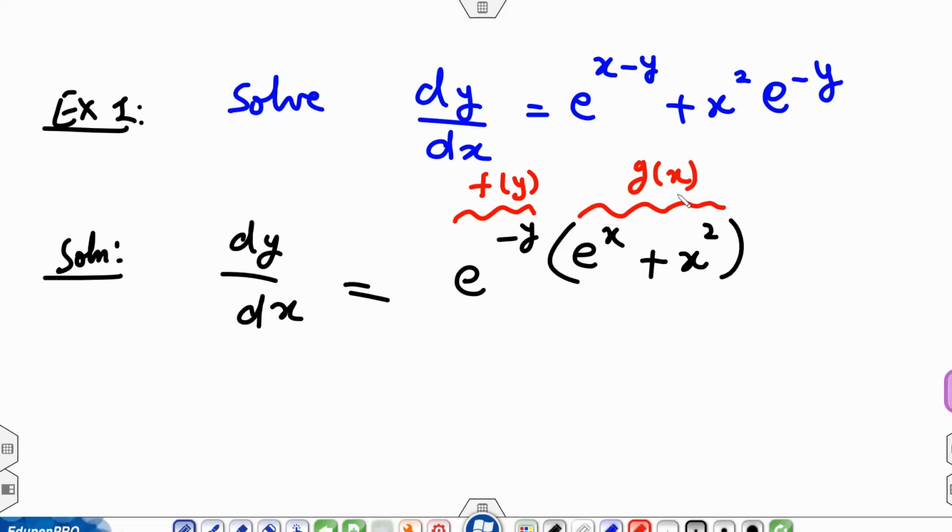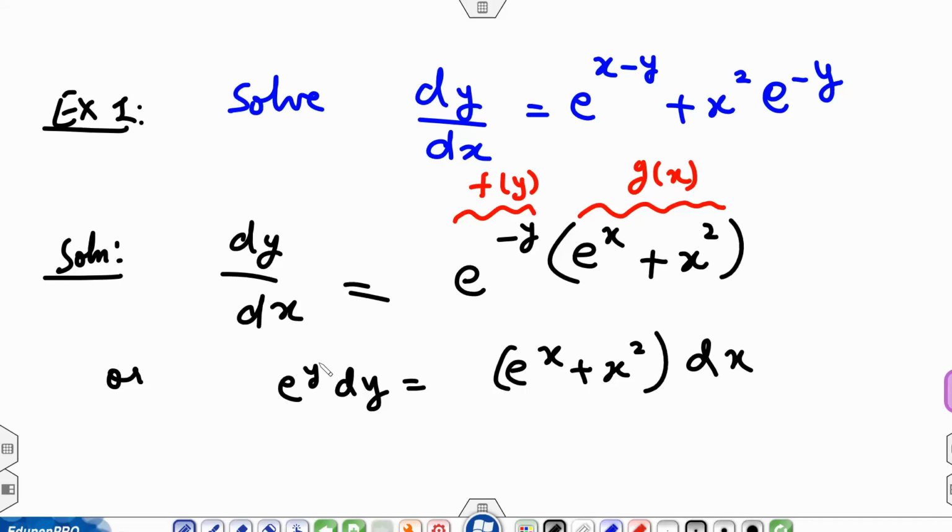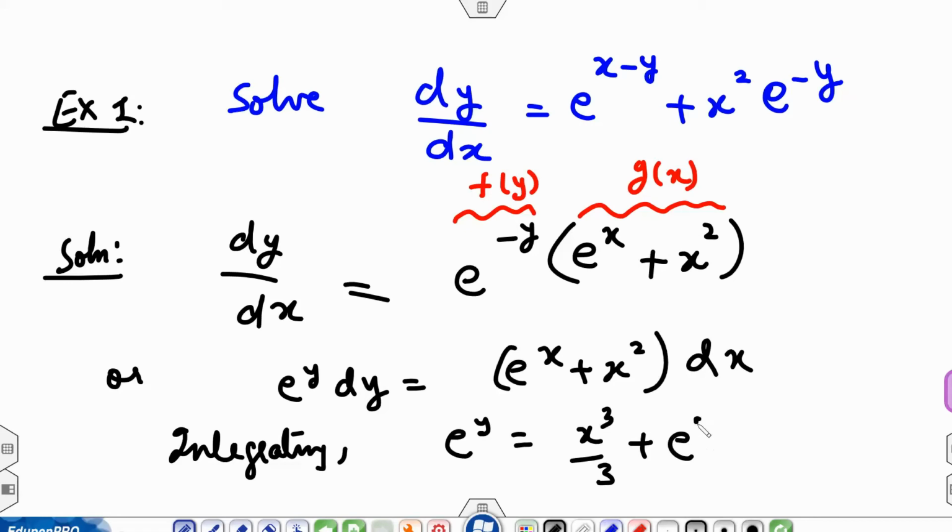So what you can do, you can take the function of x and dx on one side and the function of y and dy on the other side, and what will you obtain? You will get this. So now we will integrate this. Integrating, what we will obtain? We will obtain e to the power y equals x cube by 3 plus e to the power x plus c, and c is any arbitrary constant.